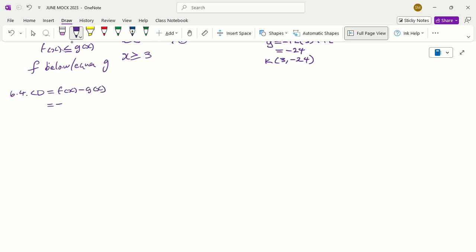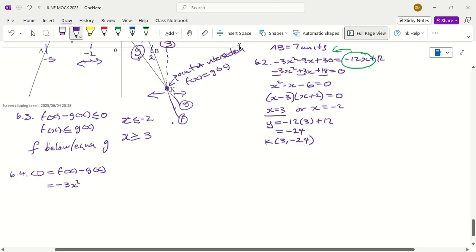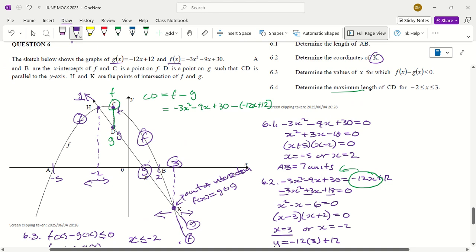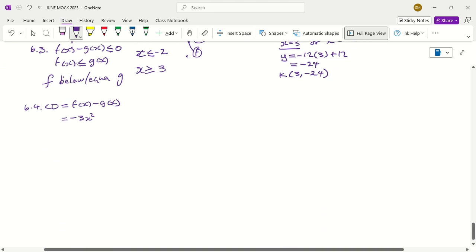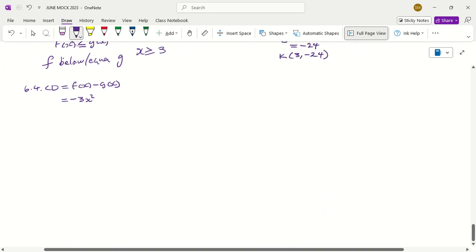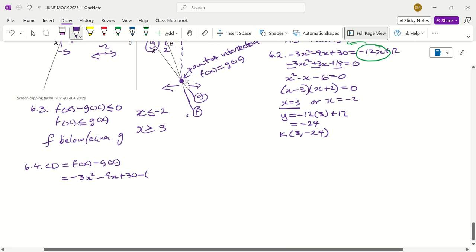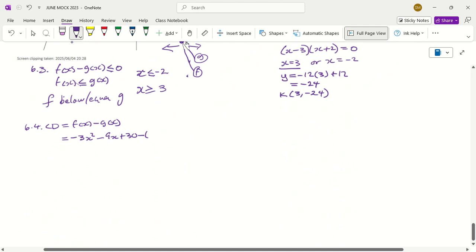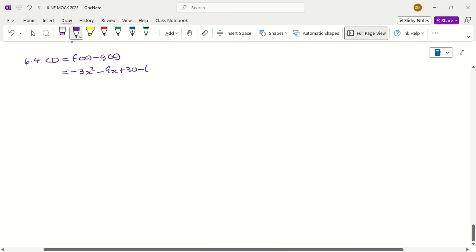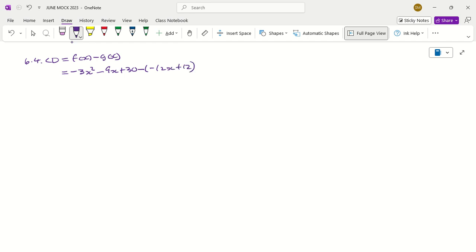And f of x is negative 3x squared minus 9x plus 30, minus g of x, which is negative 12x plus 12.